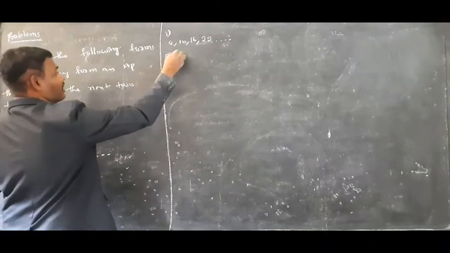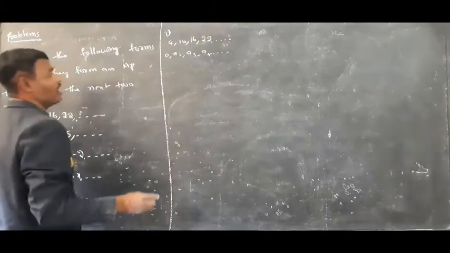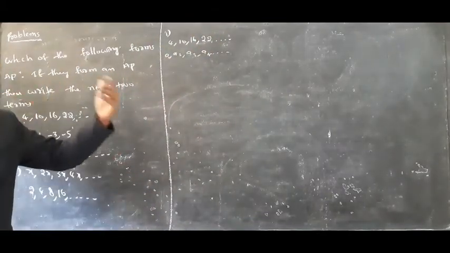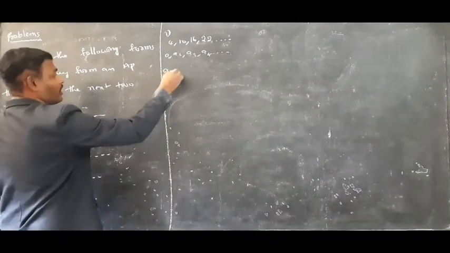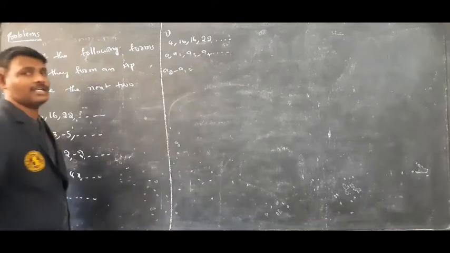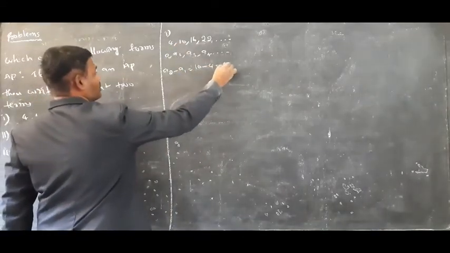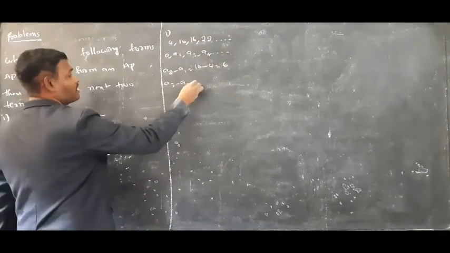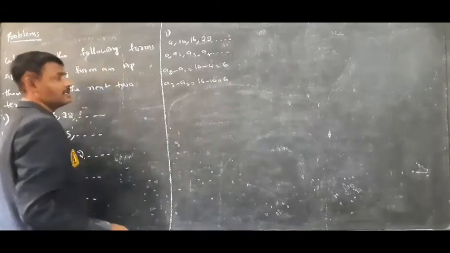Here, A1, A2, A3, A4, and so on. A1 means first term, A2 means second term, A3 means third term, A4 means fourth term. Now I am going to find the common difference. A2 minus A1, 10 minus 4 is equal to 6. Then A3 minus A2, 16 minus 10 is equal to 6.